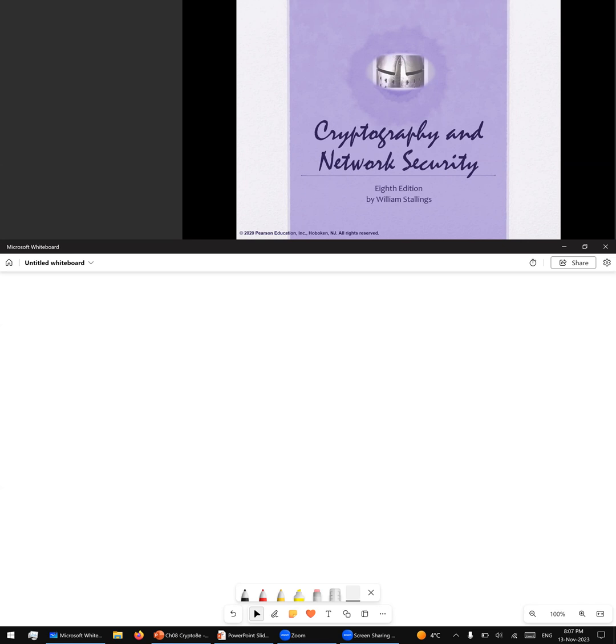Now, as you recall, stream ciphers are mostly defined as this structure over here. So we have our plain text P, and we have a key here that is going to be exclusive ORed with our plain text. And from that, we're going to get our ciphertext.